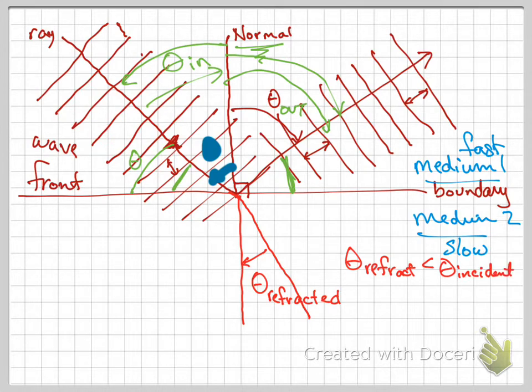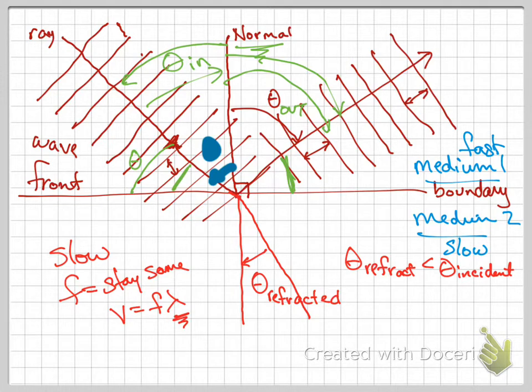Another thing that changes is if the wave slows down, right? This is the slow medium. The frequency stays the same. If the frequency stays the same, but v is going down, you can imagine what has to happen to lambda.